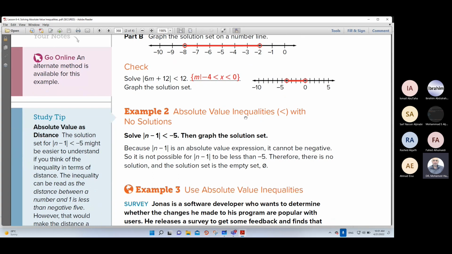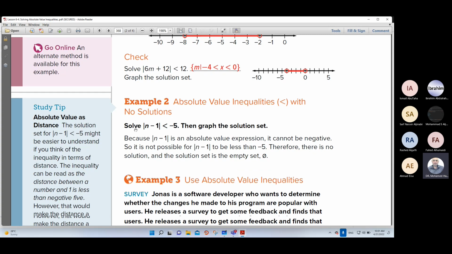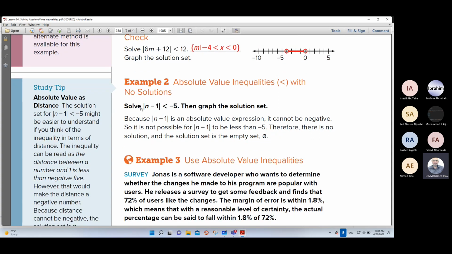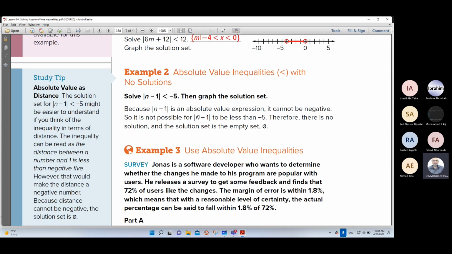Now, absolute value inequalities less than with no solutions. Listen please. Solve the absolute value of n minus 1 less than minus 5. Then graph the solutions. Because the absolute value of n minus 1 is an absolute value expression, it cannot be negative.